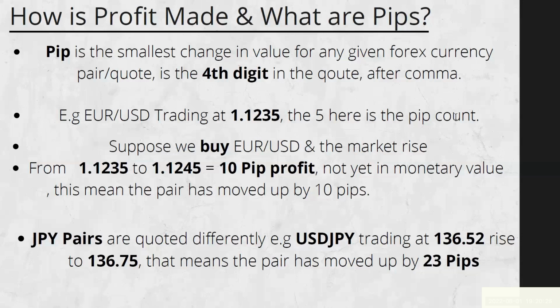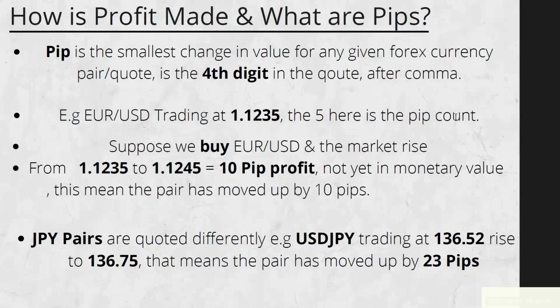As I said at the beginning of the video, it is not yet in monetary value, but that difference is what is called pips. I will get into it deeper on the next slide.